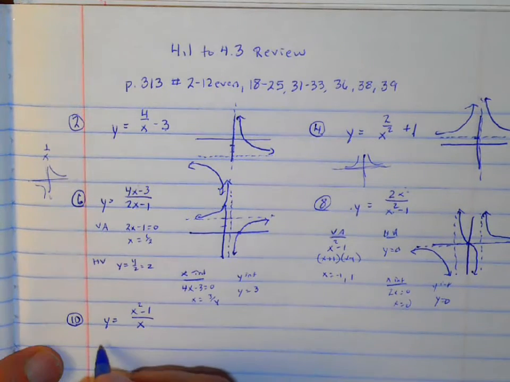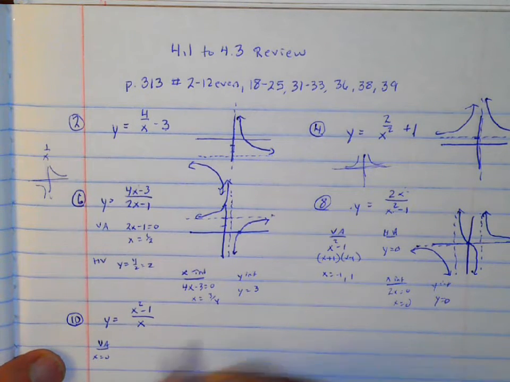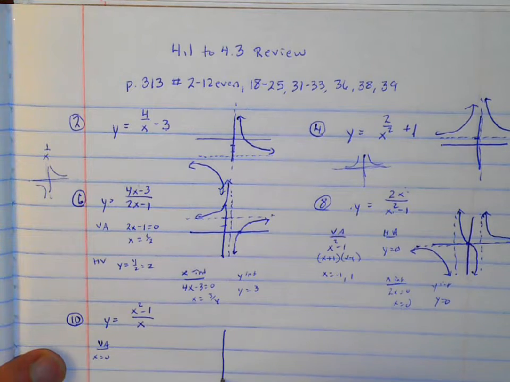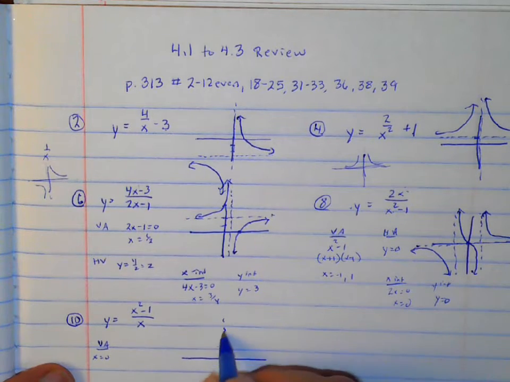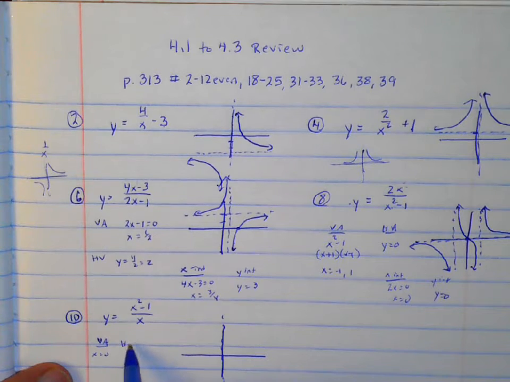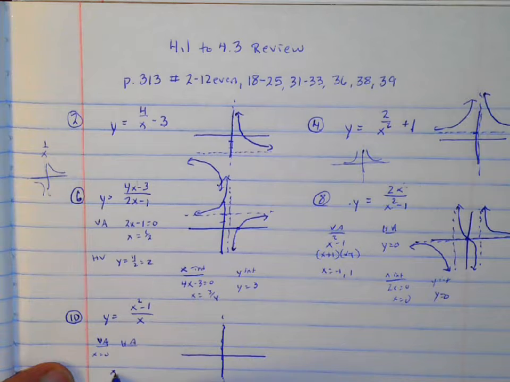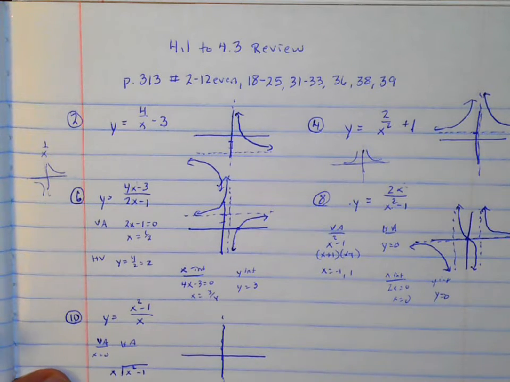Okay, for vertical asymptote, set the bottom equal to 0, so we know there's going to be one at 0. So vertical asymptote at 0. Horizontal asymptote. Okay, so when it's larger on the top, we know it's going to be oblique. So I have to divide x into x squared minus 1.